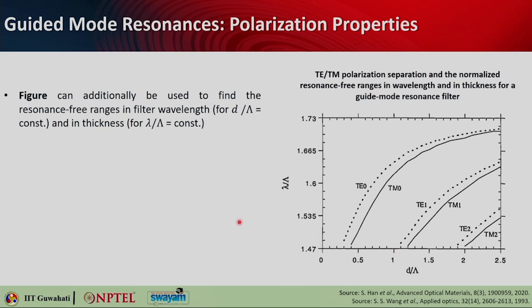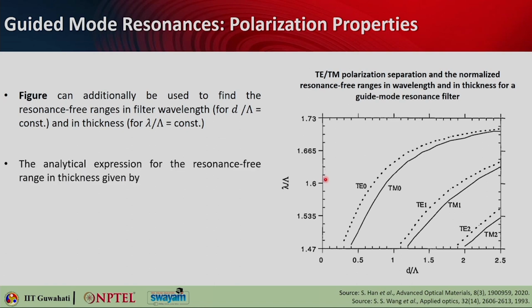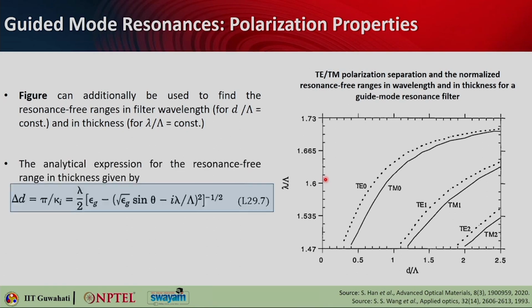You can take d by lambda equals constant and obtain those regions where resonance is not there, or you can consider the thickness and see which portion has no resonance. So, the analytical expression you can obtain for the resonance free range.